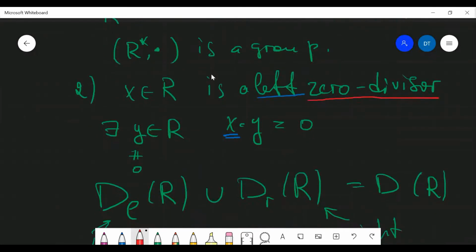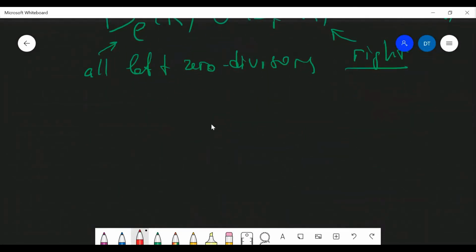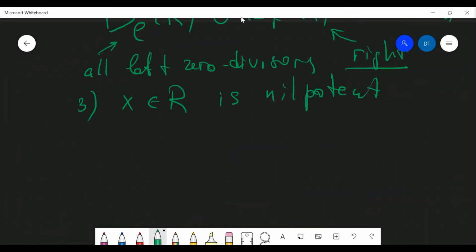Okay, thank you. So the next class of elements is the set of nilpotent elements. Suppose x is an element of R, we say x is nilpotent, or a nilpotent element, if there exists a natural n such that x to the n is equal to 0. So if you multiply x by itself several times and you get 0, then x is called nilpotent.